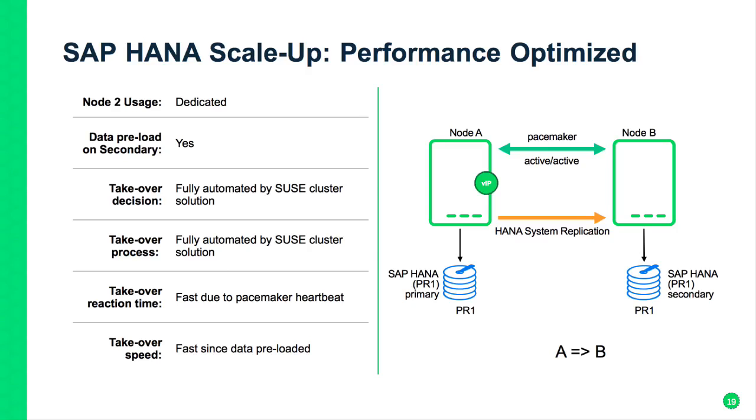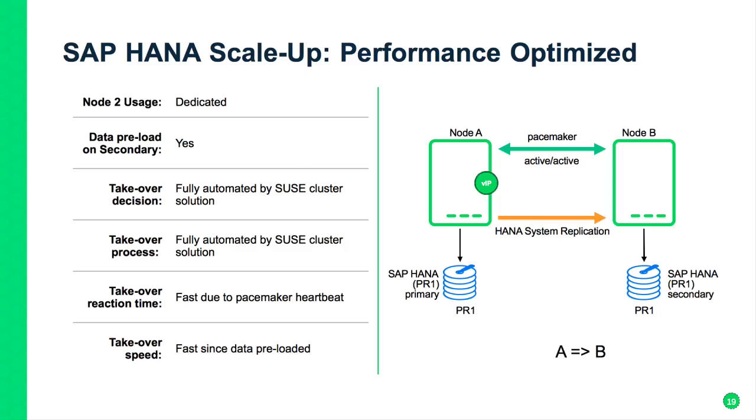The benefit is it's really fast, therefore we name this performance optimized. The drawback is you cannot use your second node for anything else. HANA nodes are big nodes, expensive nodes. Also in the cloud, you need big machines. And therefore, this is the scenario we do here.